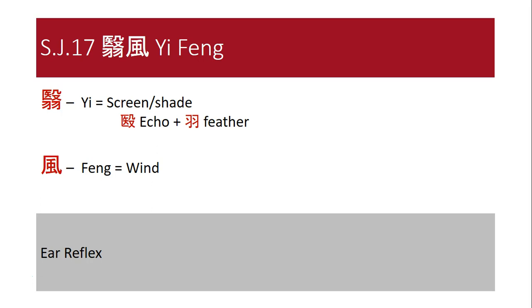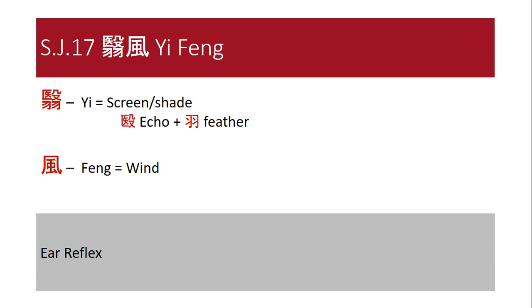With Sanjiao 17, Yi Fang, the wind screen, we get the kind of name we might have expected at Sanjiao 16. Yes, Sanjiao 17 can also reflect lymph congestion, but usually more when it affects or blocks the ears. Notice that the character Yi, shade, contains in it the character for echo, the ears go muffled kind of thing.